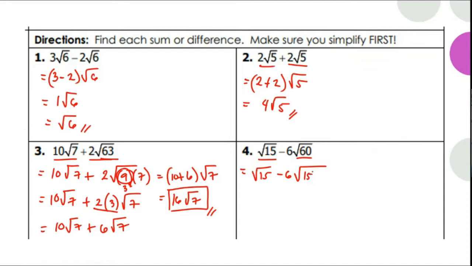Now we have 4 as a perfect square, so we can rewrite it as 2 squared. So we can now move 2 outside the radical, so that will be 2 square root of 15.